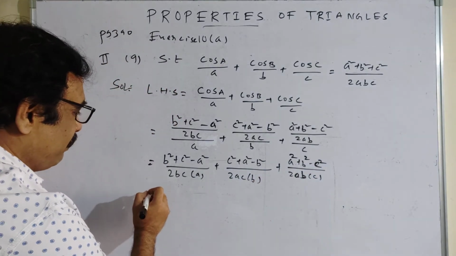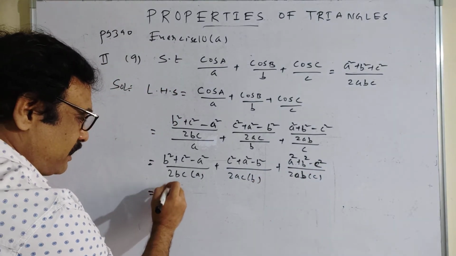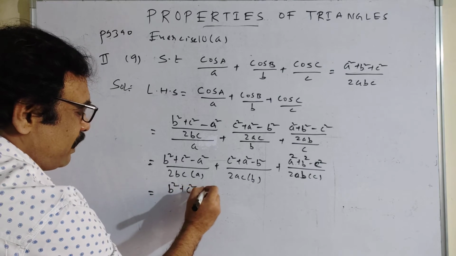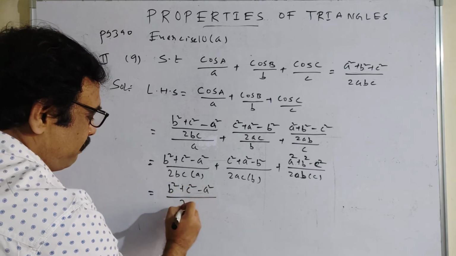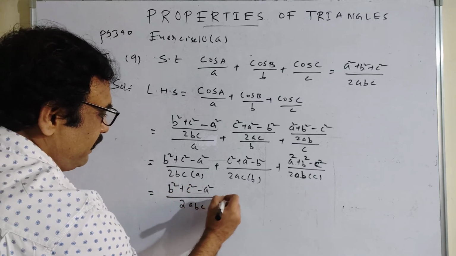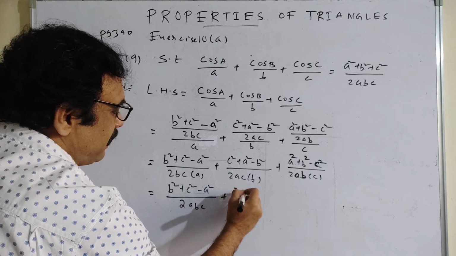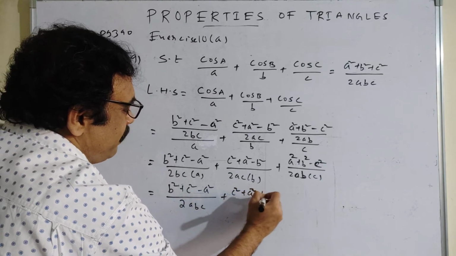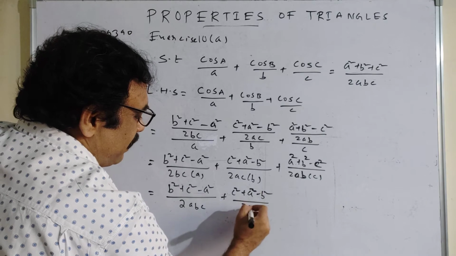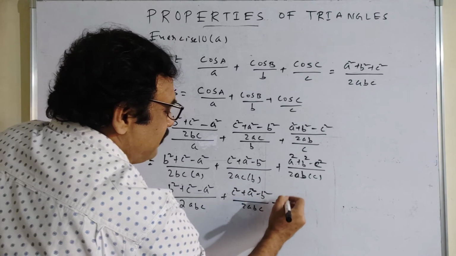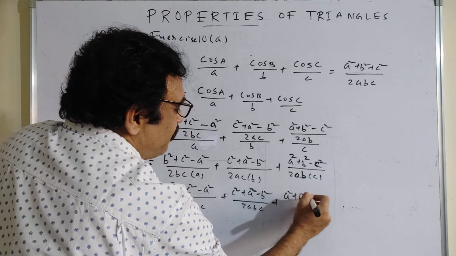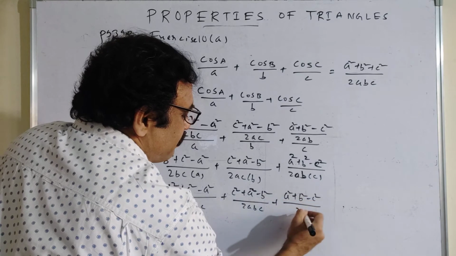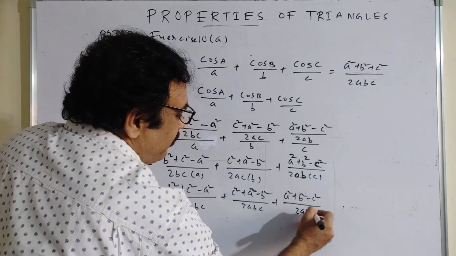Now coming back to the point, as you're observing, b square plus c square minus a square by, I am getting 2abc, and this is c square plus a square minus b square by, I am getting 2abc, and this is a square plus b square minus c square by, I am getting 2abc.